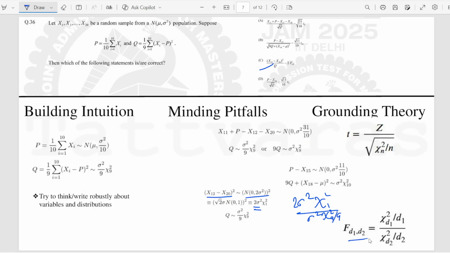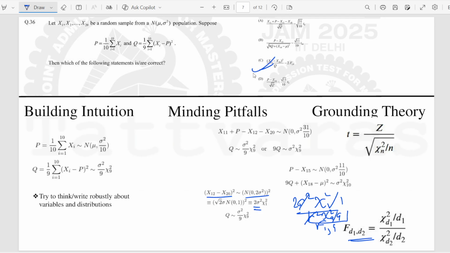Now to check if it is fitting this form, the sigma square is getting cancelled, and chi square 1 is the same as chi square 1 divided by 1. So this entire thing becomes F1 comma 9, and there's a factor of 2, so 2F1 comma 9, that is also correct.